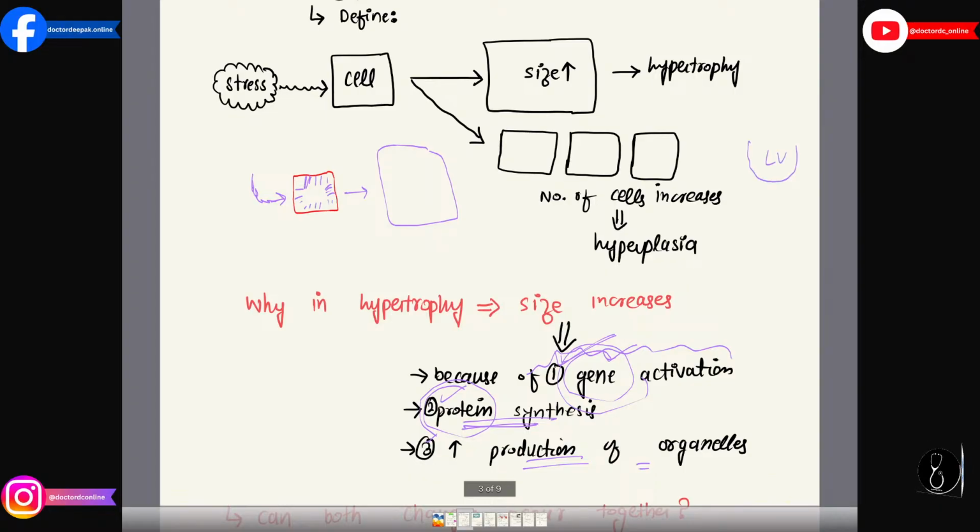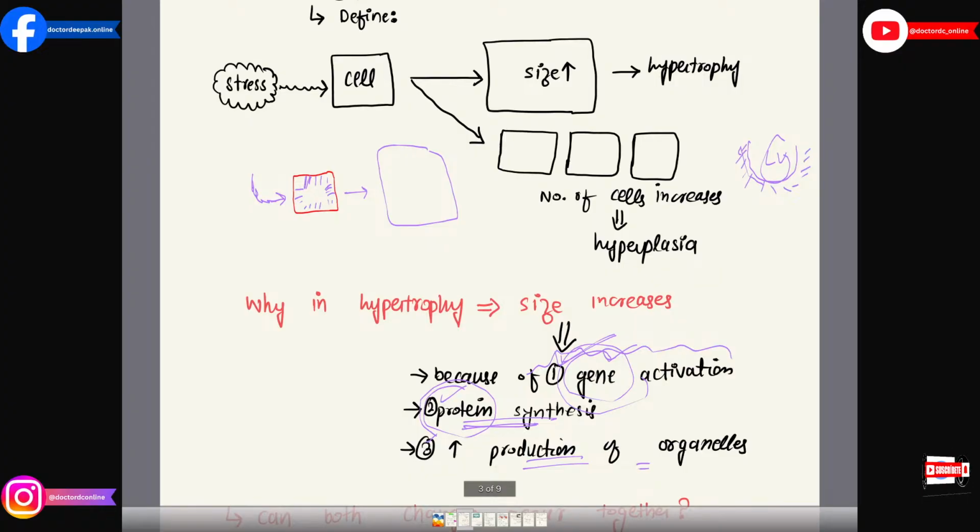Hypertension is a kind of stress on the left ventricle. We know that if the systemic hypertension is not controlled, it will lead to an increase in left ventricular size. That is called left ventricular hypertrophy.